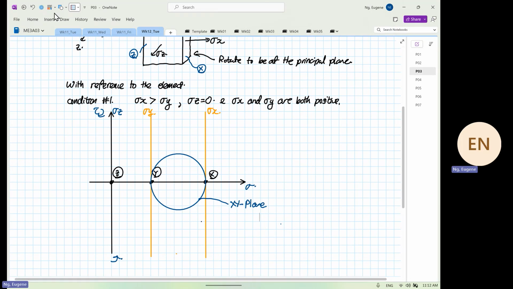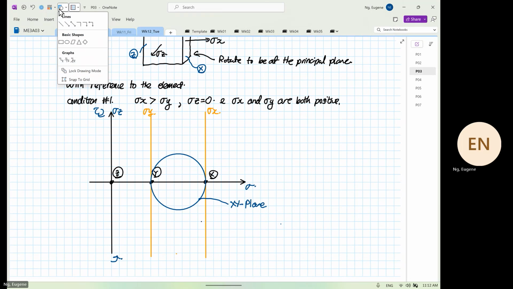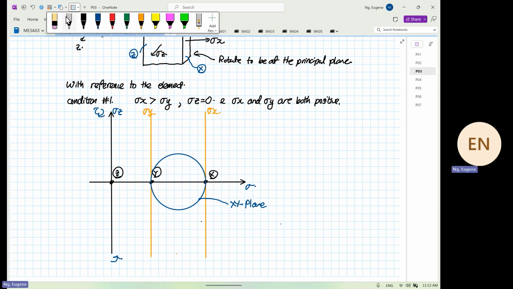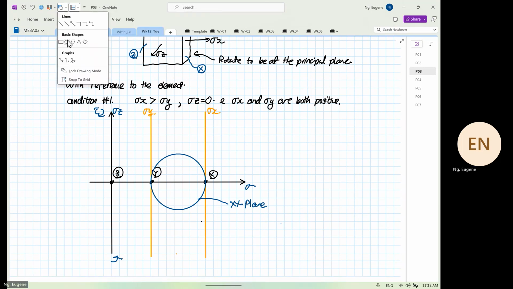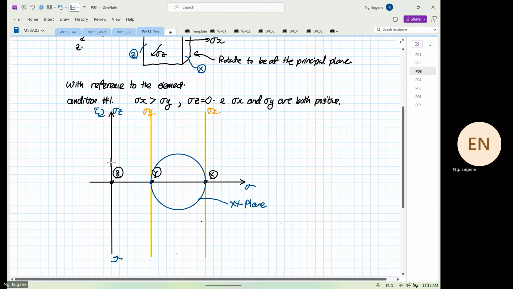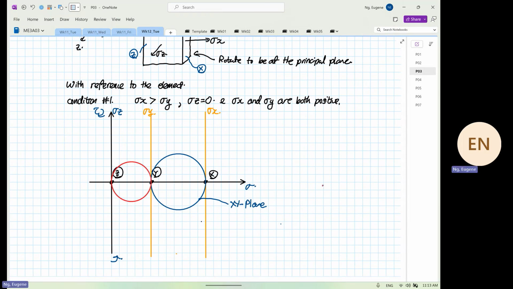The next circle that we can draw is this circle over here, and this belongs to the YZ plane.